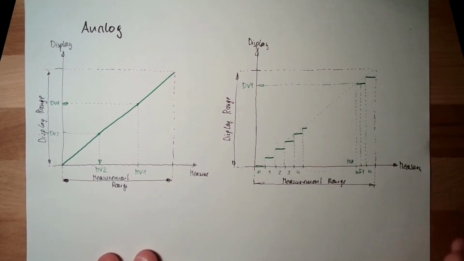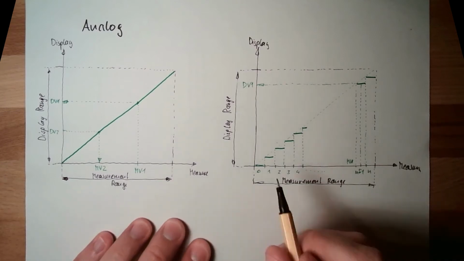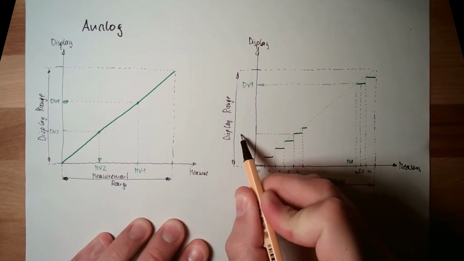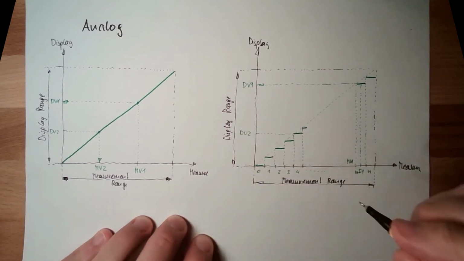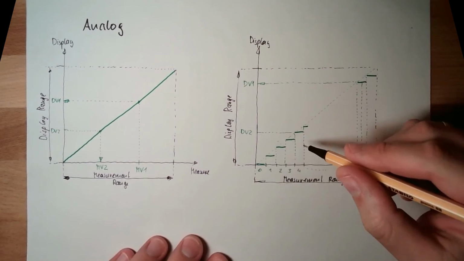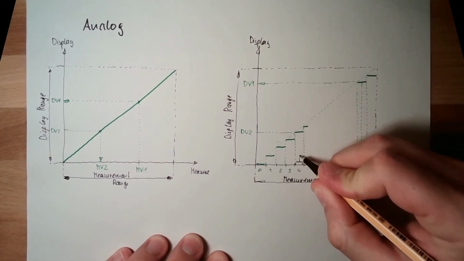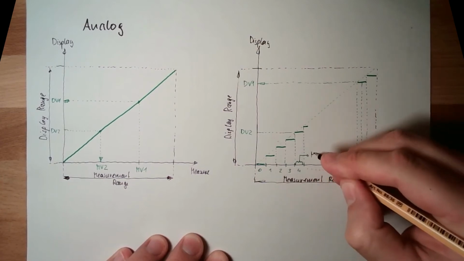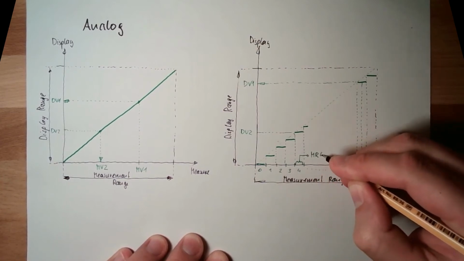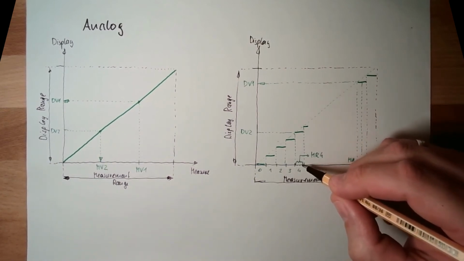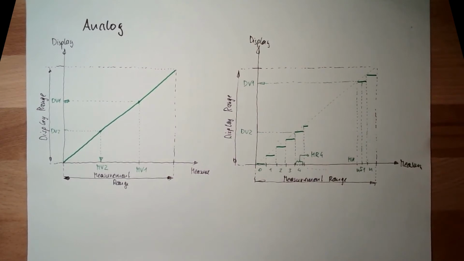Okay, that's still a unique relationship. However, if I have, let's say, this displayed value 2, I cannot say this is exactly one measured value. I can only say this is in this measurement range with the number 4 in this case. I cannot say if it was here or here or here or here. This is lost. This is simply lost.